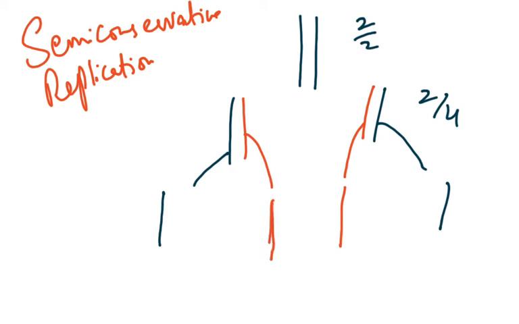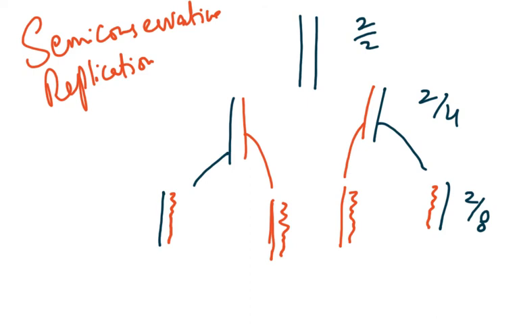Now when new DNA is added to it, I'm just going to make it a little squiggly line. So we have this, this, this, and this. So now this is going to be 2 out of 8. I can exactly remember an MCQ which just tests whether you've understood this or not.